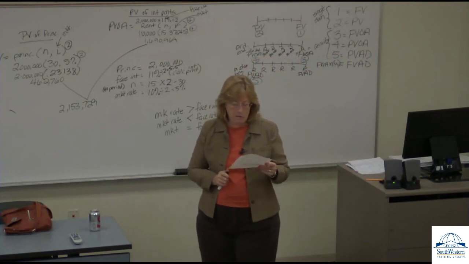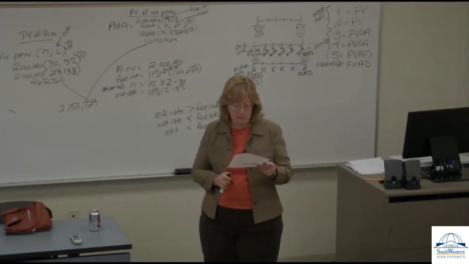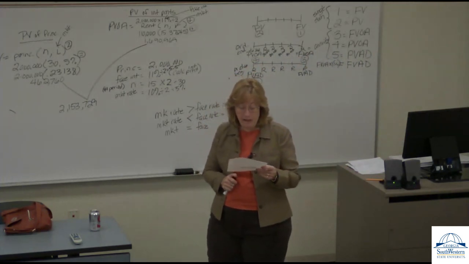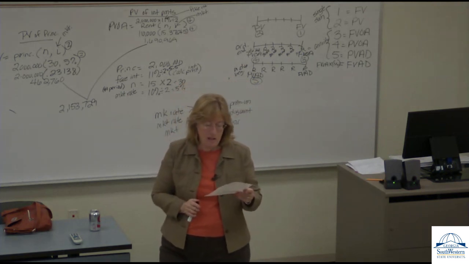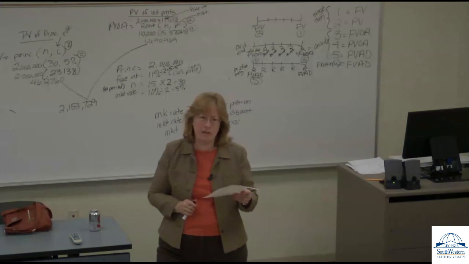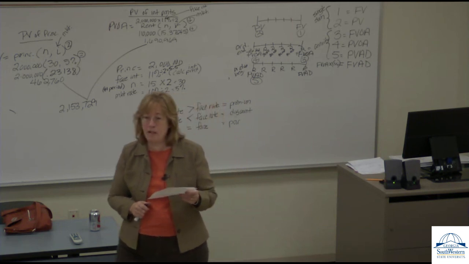What amount would you pay for a $50,000 bond that matures in 15 years and pays $5,000 a year in interest? If it pays $5,000 a year in interest, what is the face interest rate? It's 10%, right?